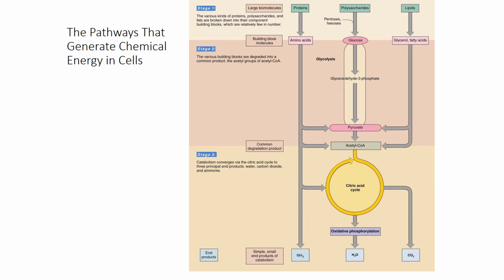So we can also use amino acids to shuttle into the citric acid cycle, again, depending upon the needs of the cell. And from the TCA cycle, we're also going to release CO2 and water from the oxidative phosphorylation that occurs in the electron transport system. The ammonia comes from the degradation of the amino acids.